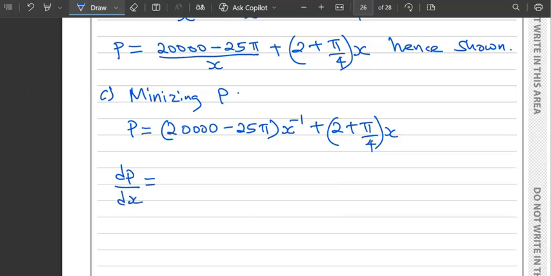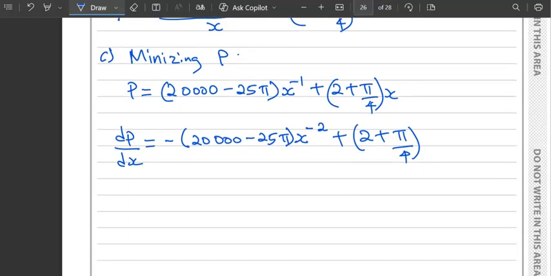It will be negative, in brackets 20,000 minus 25 pi, then we reduce the power by 1, so this one will be x to the power negative 2. Then if we differentiate this, of course we'll have the constant 2 plus pi everything over 4. We can have this in brackets. So that is the derivative.